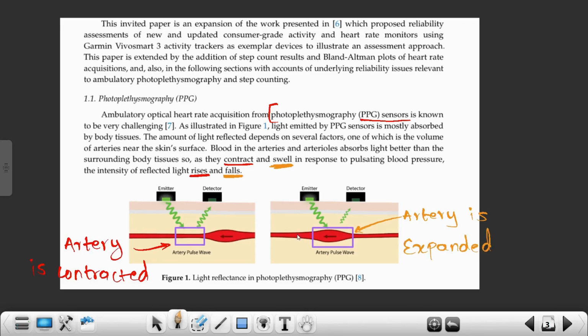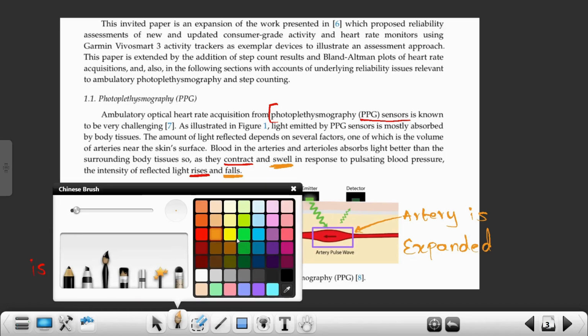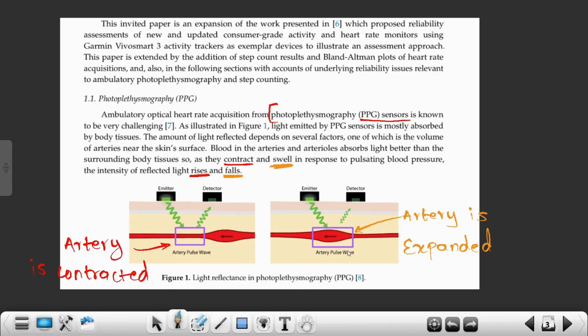This time, you will hardly see that light is getting reflected back to the detector side. That means this artery which is swelled is trying to absorb the light. So this particular portion is trying to absorb light.